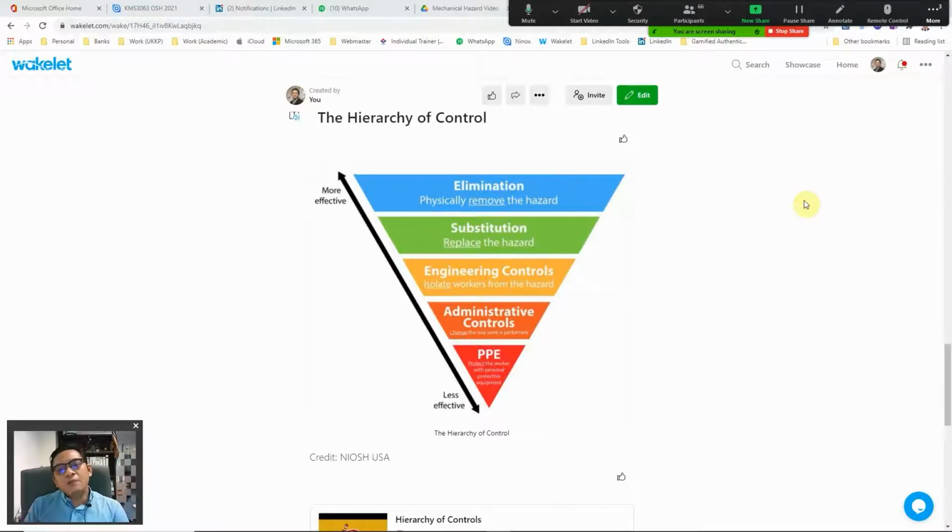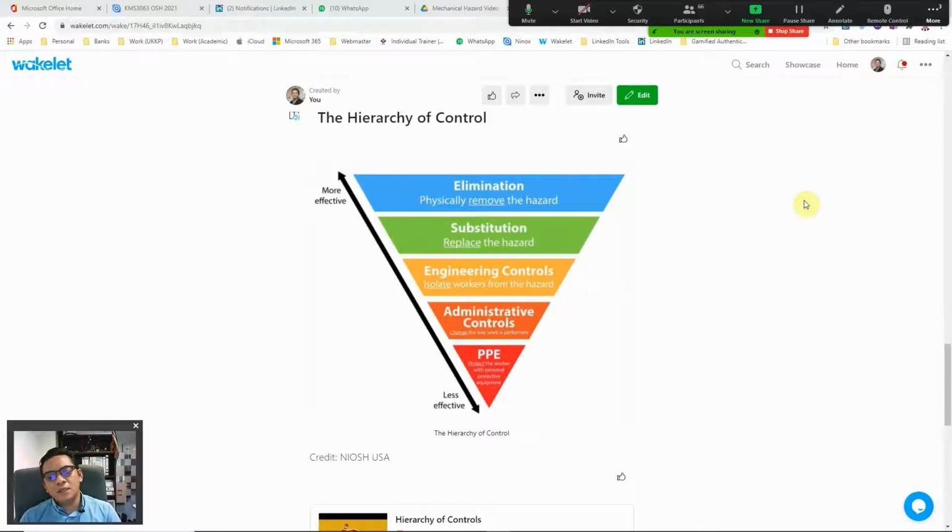If you cannot eliminate and you cannot substitute, then go to the next step, engineering controls. Elimination, substitution and engineering control are considered effective methods. So what is engineering control?